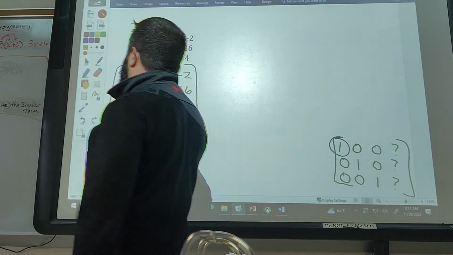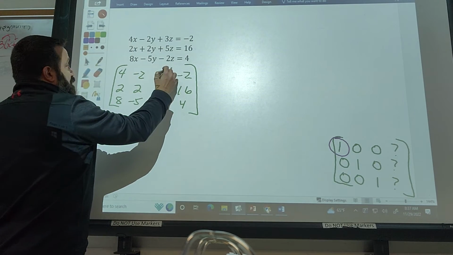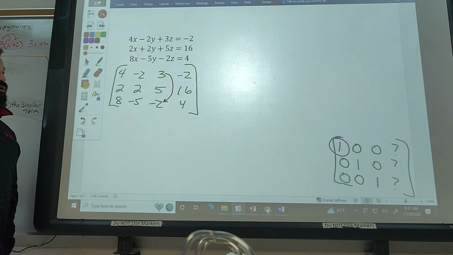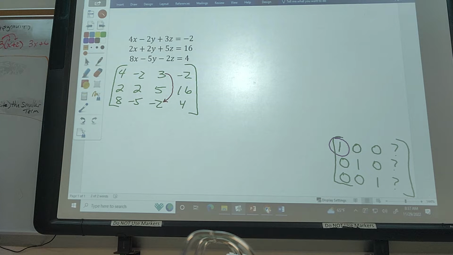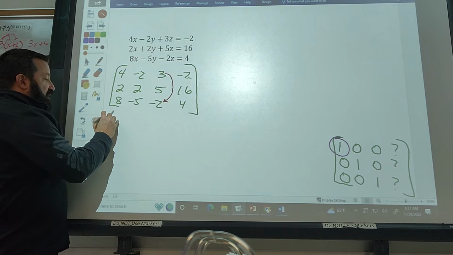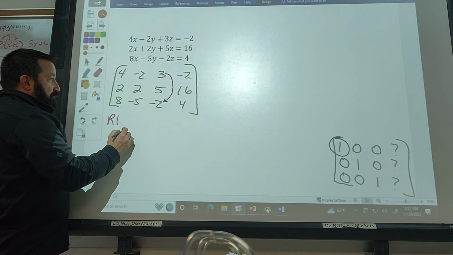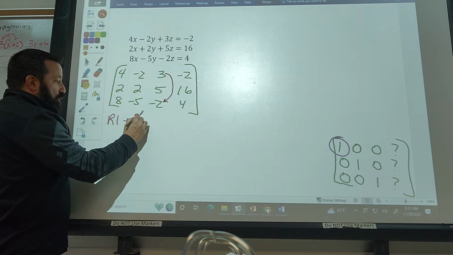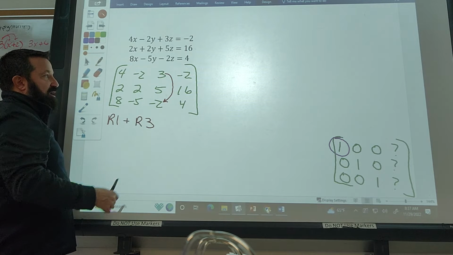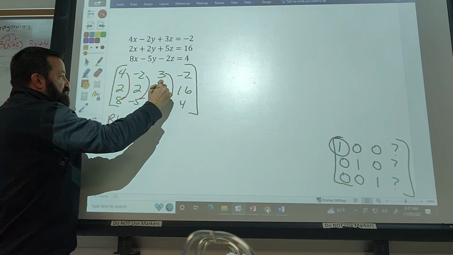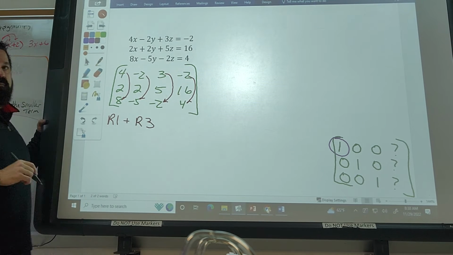I'm looking at it right now and thinking, if I take this 3 and that -2 and I added them together, wouldn't that give me a 1? So that's what I'm going to do. I'm going to take row 1, and I'm just going to add it to row 3. I don't have to multiply by anything. I'm just going to add these together and replace that row, the bottom row.